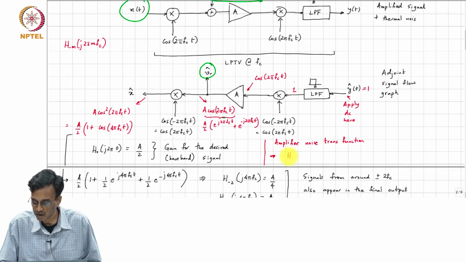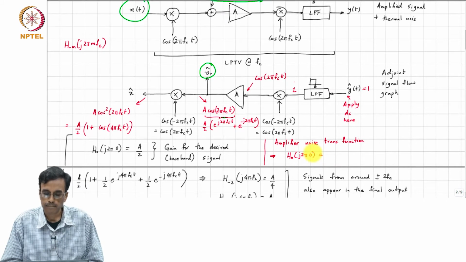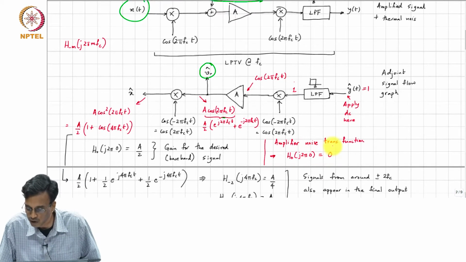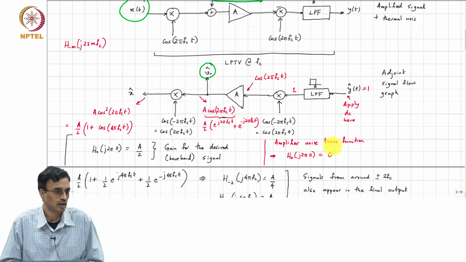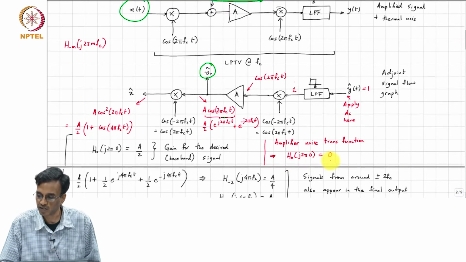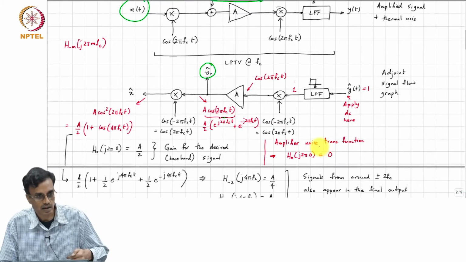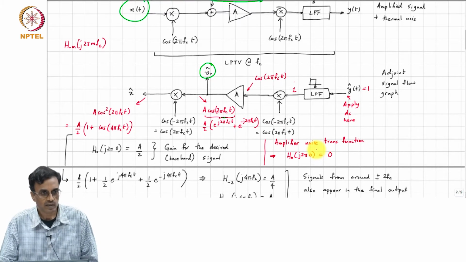Well, what comment can we make about h 0 of j 2 pi 0? It is 0. Does that make intuitive sense? What does this mean in English? It means that if V n is DC, the output is 0.